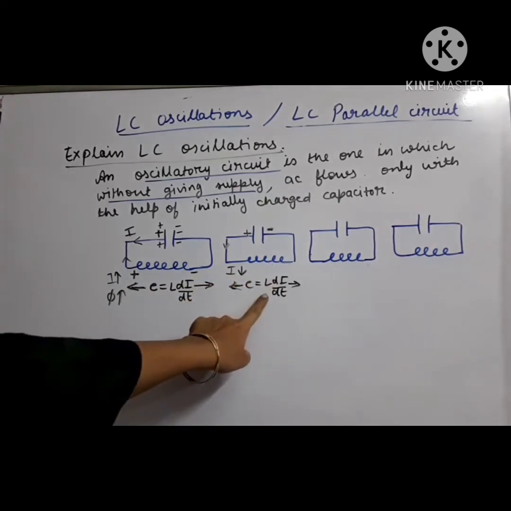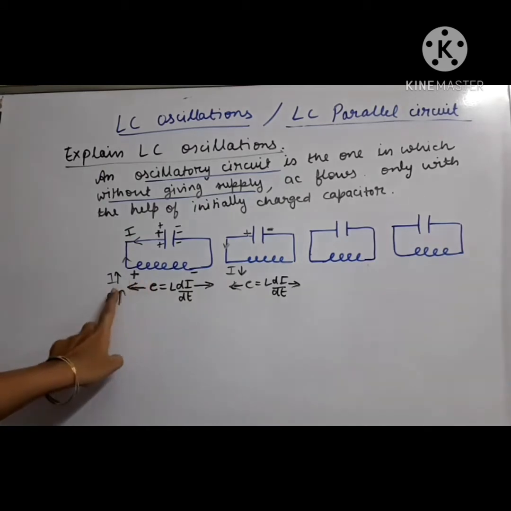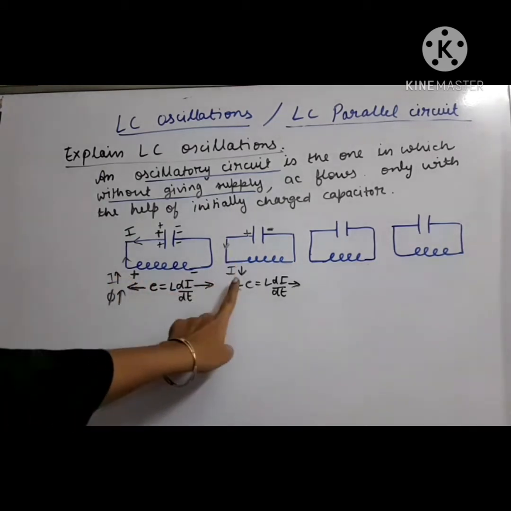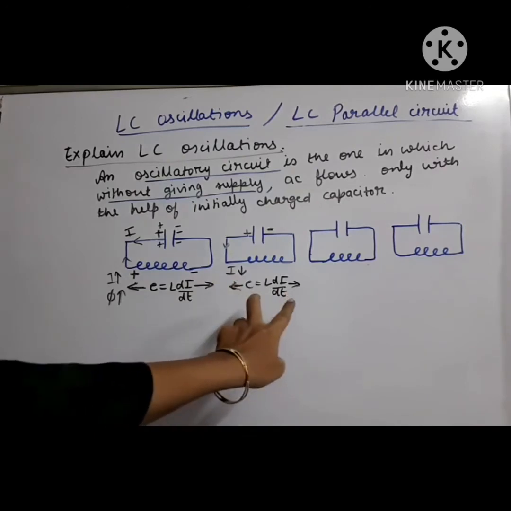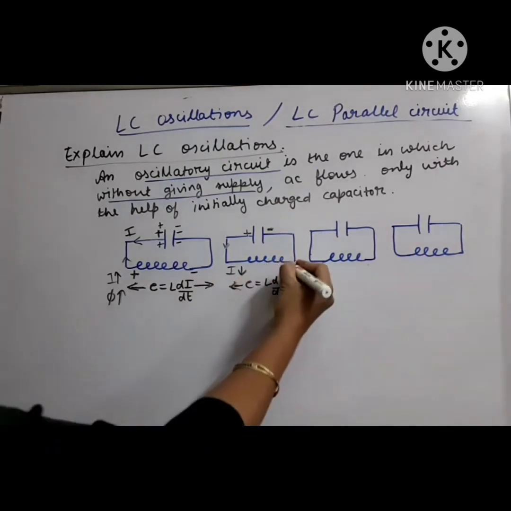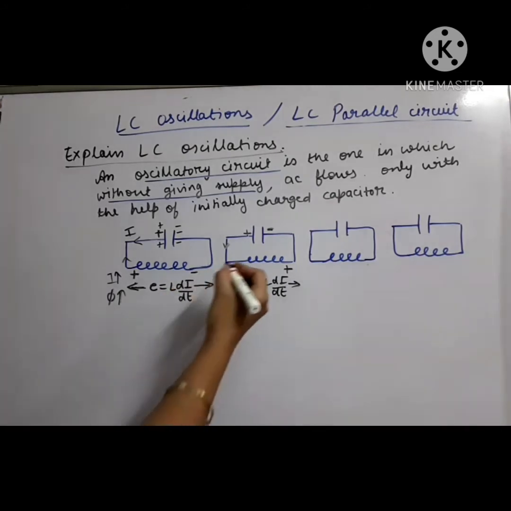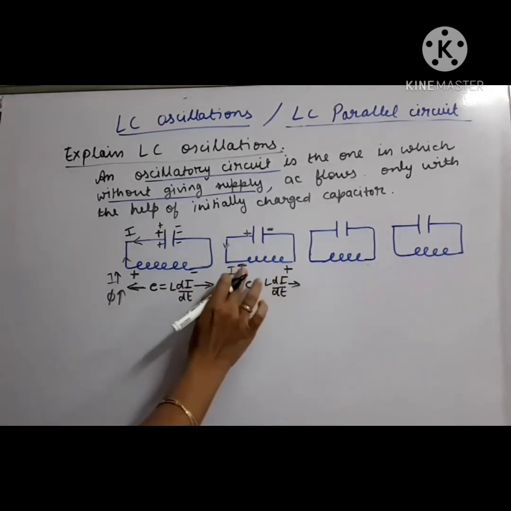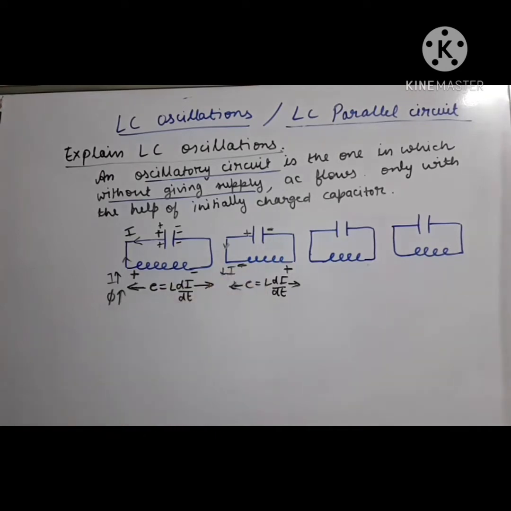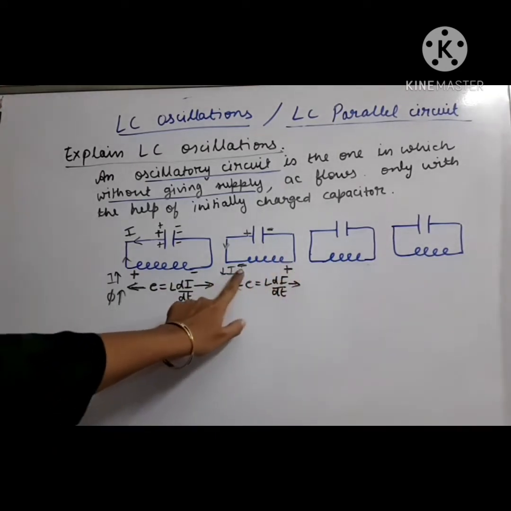So if increasing current gave positive polarity here, decreasing current will change the polarity. Now this end of the inductor is positive and this end is negative.